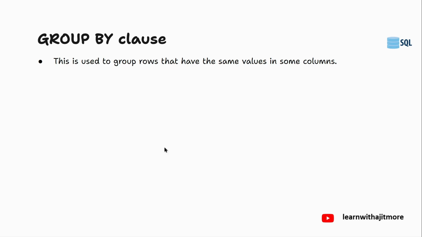I will take some examples. So it is used to group rows, and grouping is done on what basis? That column which has similar values. Okay, so it is used to group rows that have the same values in some column. Otherwise, there is no meaning of creating a group. In real life also, we create groups when there is more than one member.